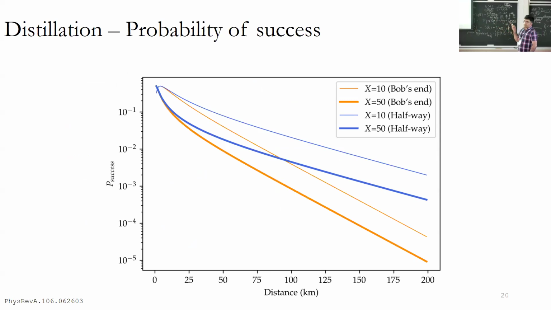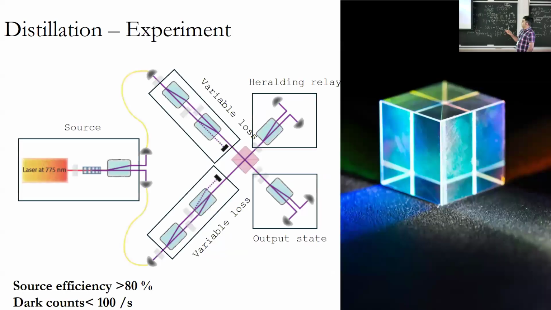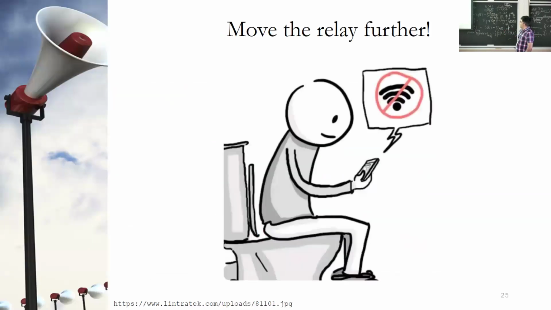We need to understand why our results are not exactly meeting the theory, and there are some theory studies going on to understand the experimental result better. So with that, I hope you enjoyed the talk, and next time you have the problem, please move the relay further, not closer. Thank you.